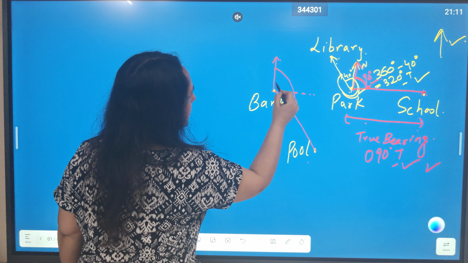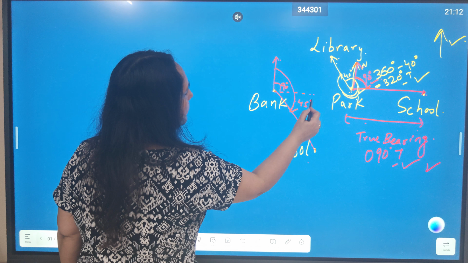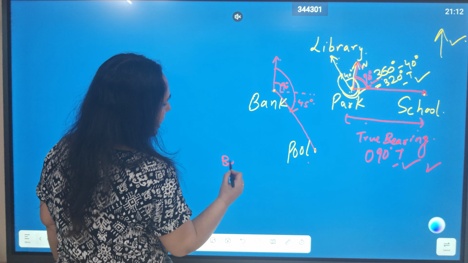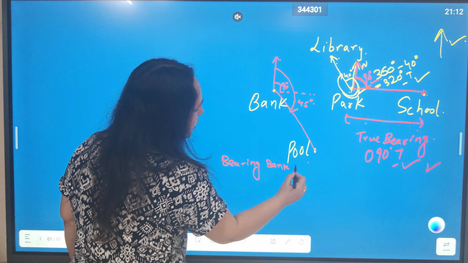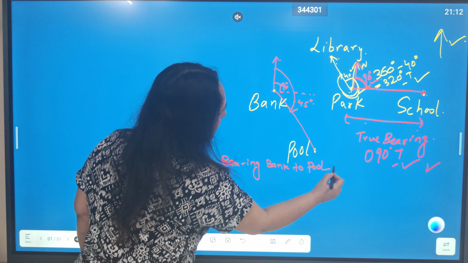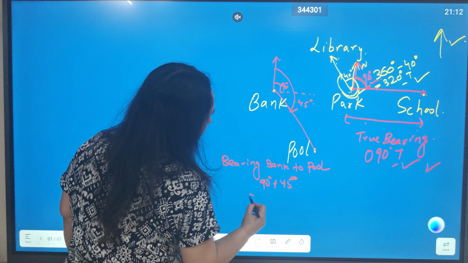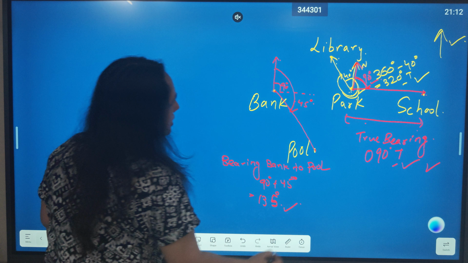You can see this is 90 degrees over here, and this, suppose, is equal to 45 degrees, half of 90 degrees. So the bearing from bank to pool will be 90 degrees plus 45 degrees, and that is equal to 135 degrees, right? So this is its answer.